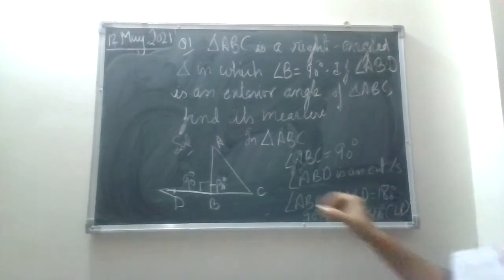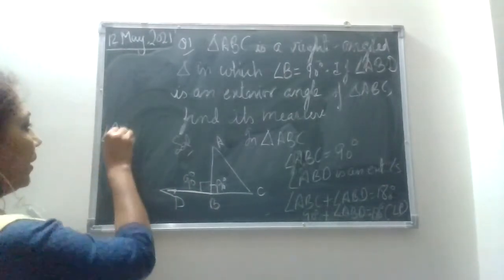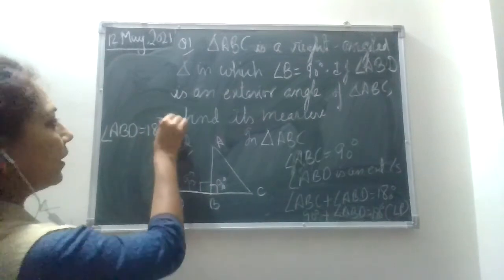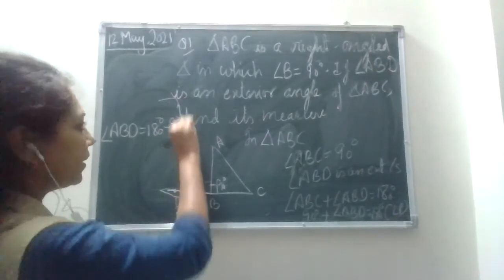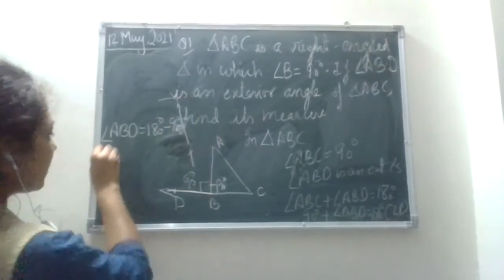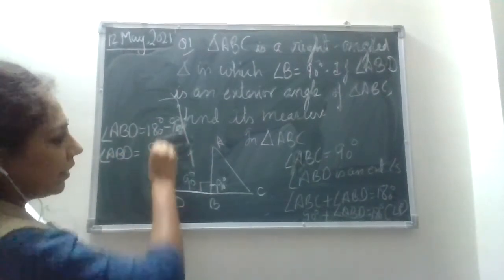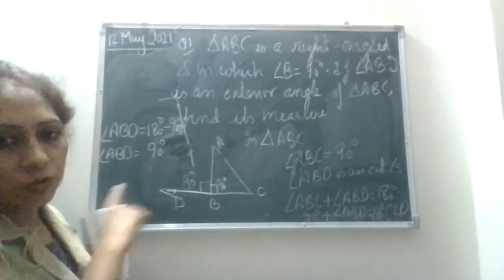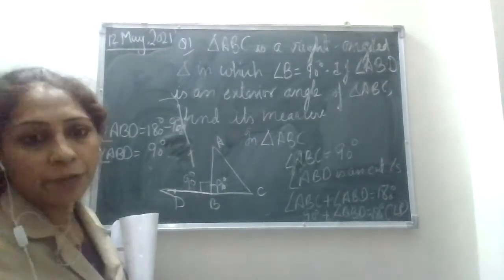When we transpose, angle ABD is equal to 180 degrees minus 90 degrees, which gives 90 degrees. So ABD is 90 degrees as a result, with the help of the linear pair.